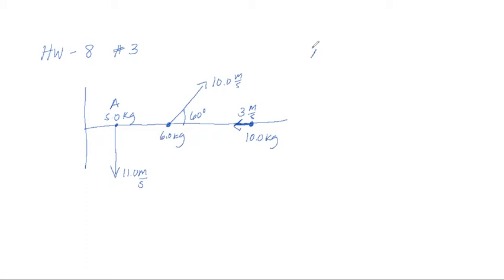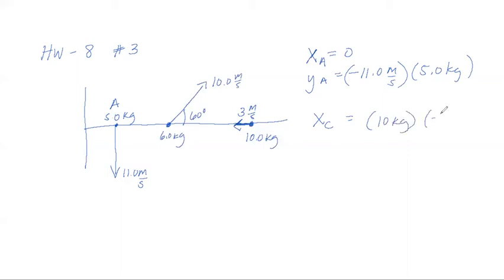Let's do it. X sub A is going to be equal to 0, and Y sub A is going to be equal to negative 11.0 meters per second times the mass, 5.0 kg. And this is A and C. And X sub C is going to equal 10 kgs times negative 3 meters per second.